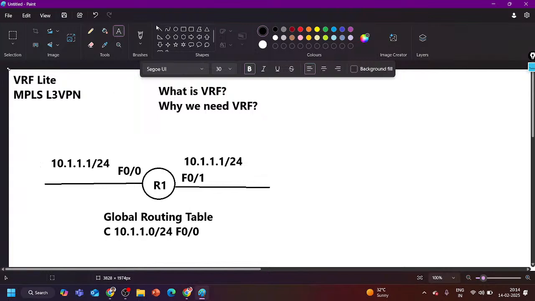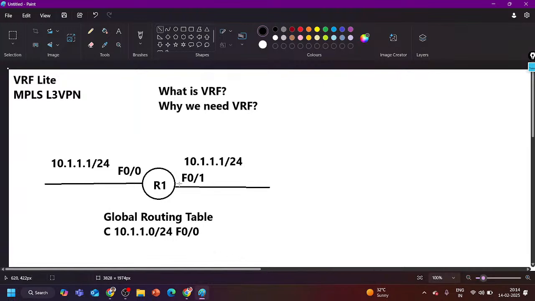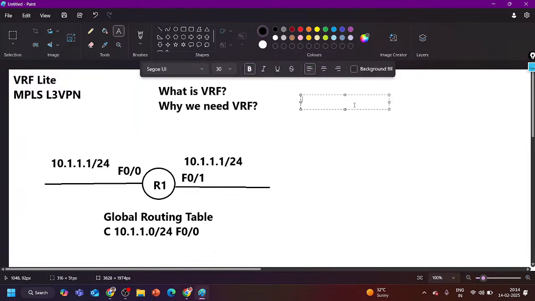And with the help of VRF, what we can do is create multiple routing tables, right? So the definition, why we need VRF, what can be the answer of this question? Whenever we need to connect multiple customers to the same physical device. If I have multiple devices for multiple customers, then no issue, VRF is not required.